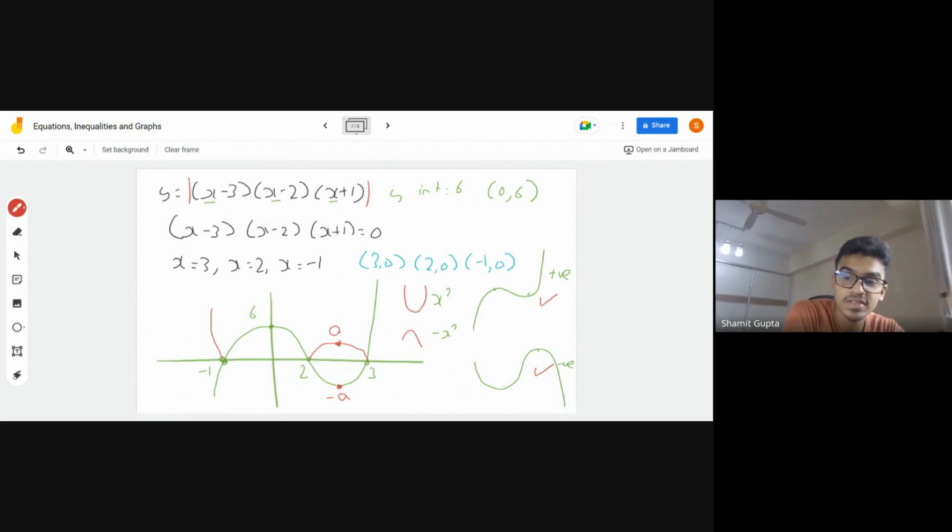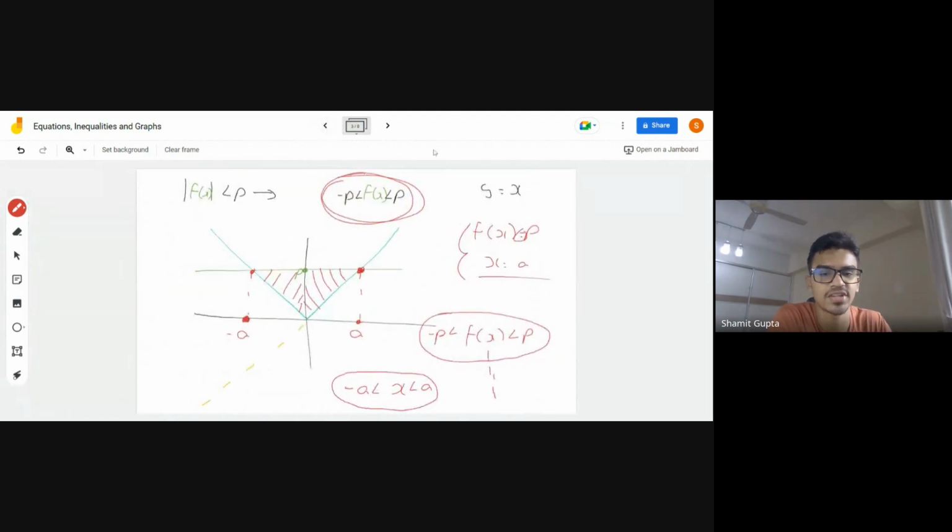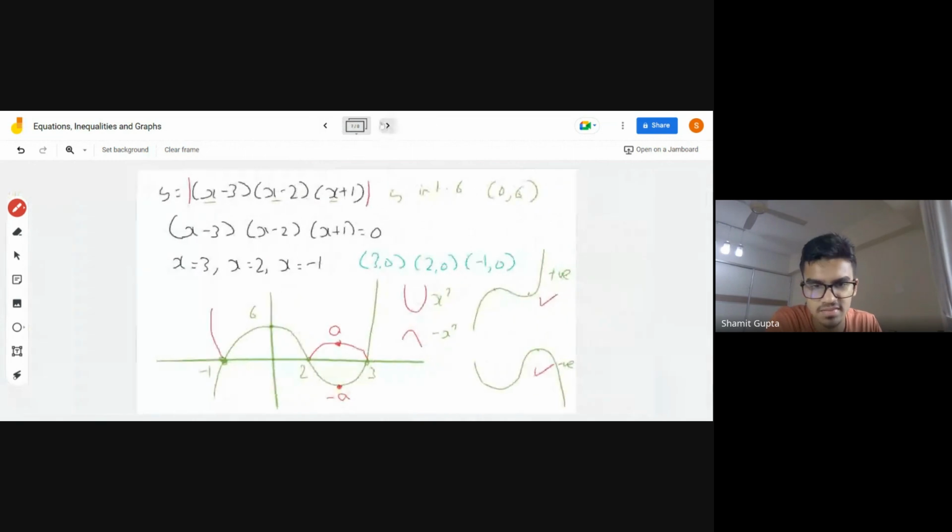If it's reflection across the y-axis, the y stays the same and the x coordinate goes through the positive negative thing. Like in this case, the x coordinate went through this a, negative a thing, right? The y coordinate stays the same, p.